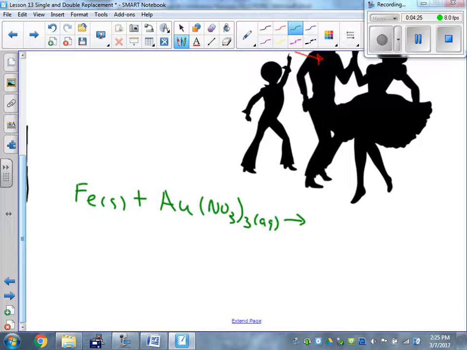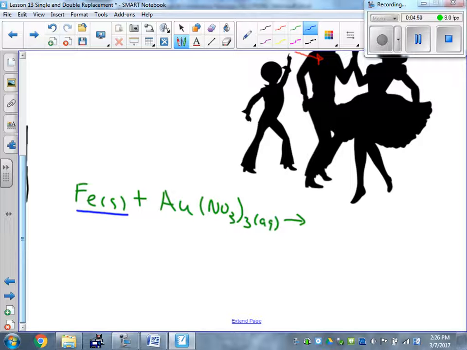And then you'll notice we have an ionic compound, right? And we know that this is gold 3 nitrate. So what happens is, and this is kind of what determines this, this is a metal. It's on the left-hand side of the staircase. That's a metal.